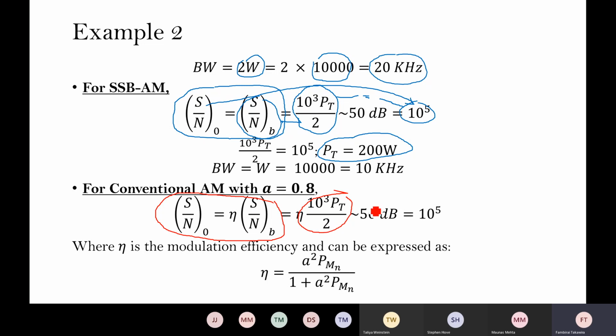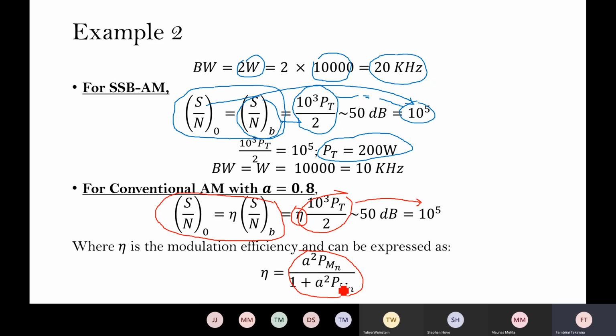We can equate that to 50 dBs, which is 10 to the 5. But in this case, we also need to find the value of eta before we can solve for PT. We have derived the expression for eta, which is given by the modulation index a squared times Pmn divided by 1 plus a squared Pmn.